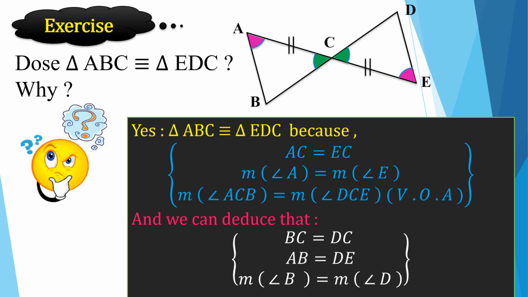BC equal to DC, AB equal to DE, measure of angle B equal measure of angle D.